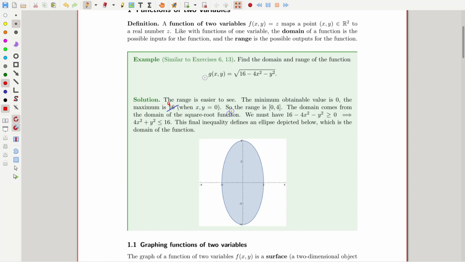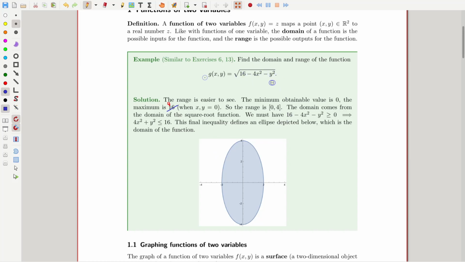Now for domain. The domain is harder to express in this case. You're used to the domain of a function being, say, a union of intervals on the number line. Because we're now talking about functions whose inputs are in R2, or two-dimensional space, the domain of a function is going to be a subset of R2. And that may be hard to express, as you can see in this example. The restriction for the domain is given by the square root function.